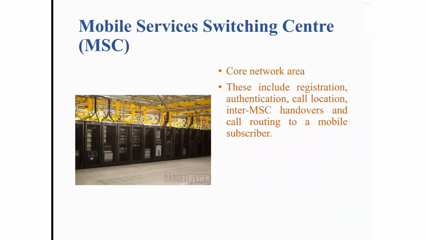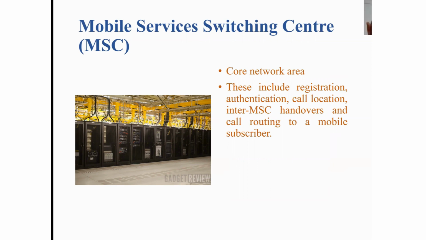And then mobile service switching center. Otherwise, we can call it a mobile switching center. The mobile switching center is the core network. It is the core, the brain of the entire process. It controls the overall process of mobile communication.